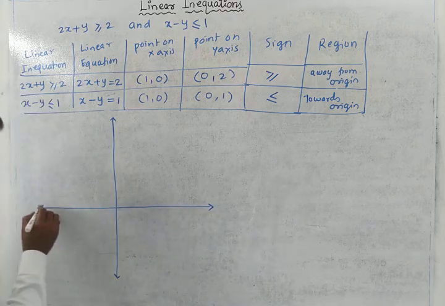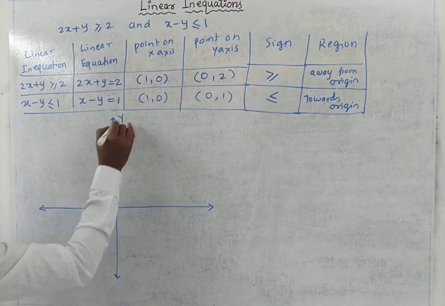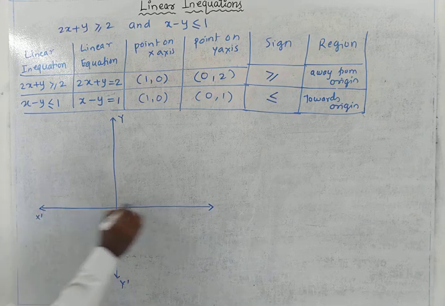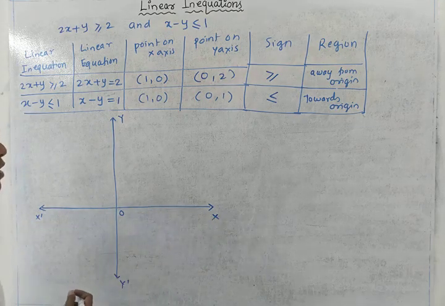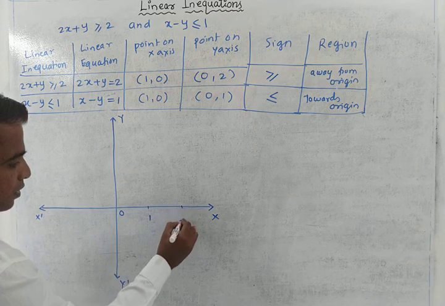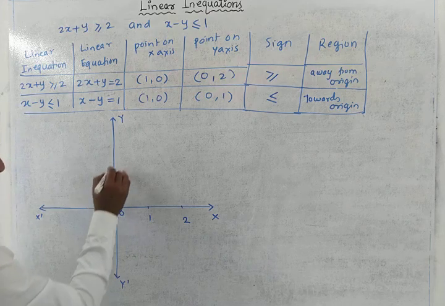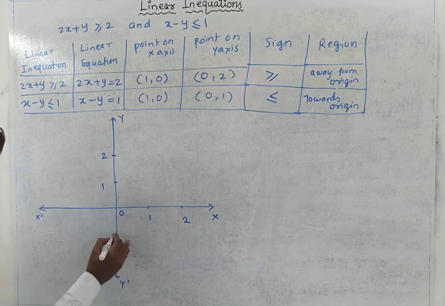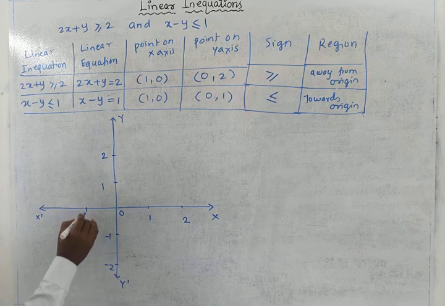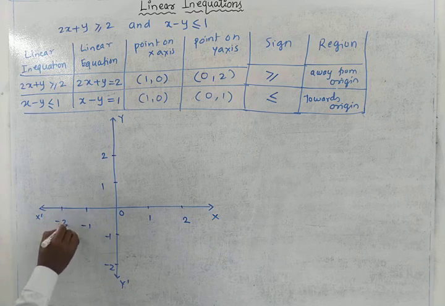This is the x-axis. So y, origin, y dash, x dash, x. Okay. Now we wanted only 1 and 2. So 1, here 2. 1, 2. Minus 1, minus 2. Minus 1, minus 2.